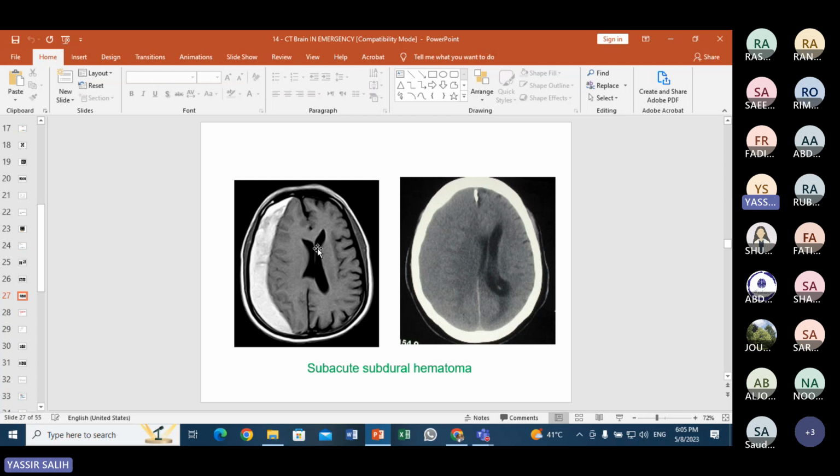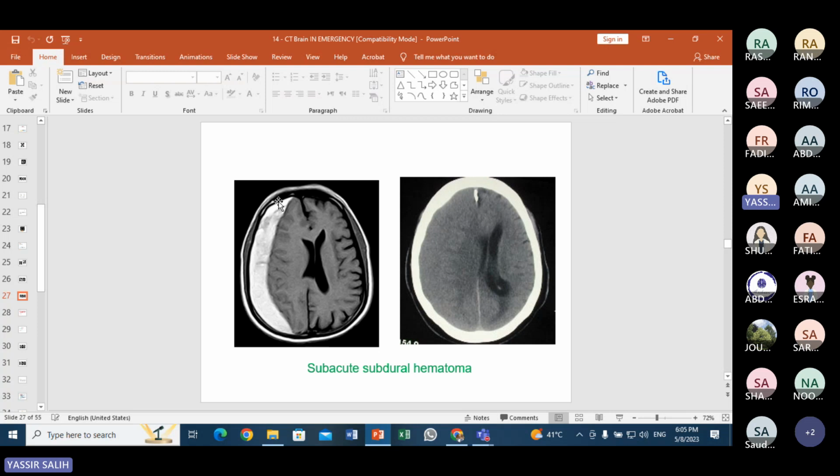Which plane, or section? Is it sagittal? Is it sagittal or not? No. What is it? Transverse, or axial?